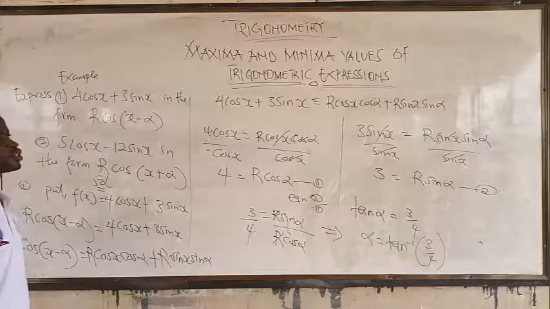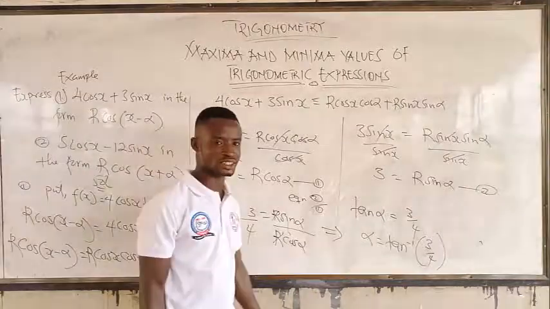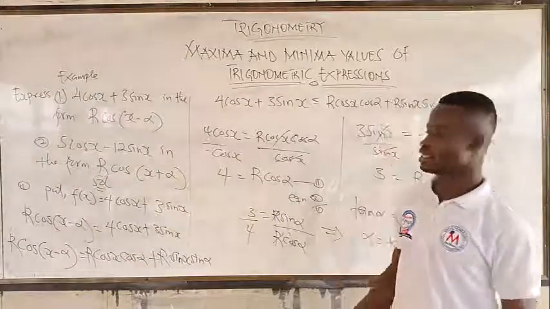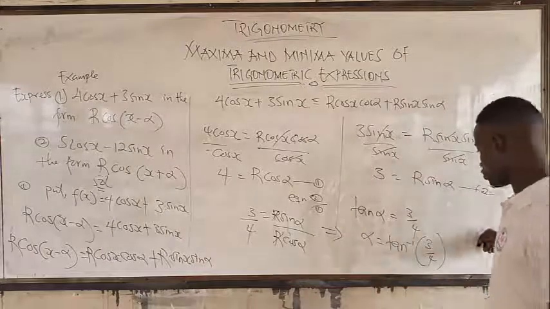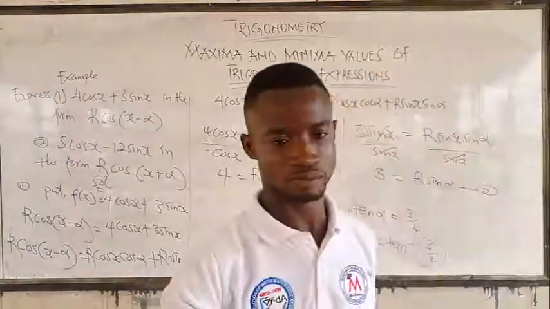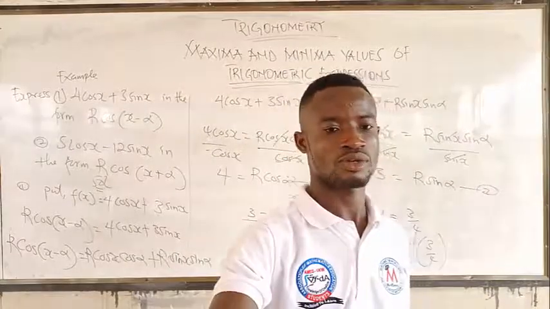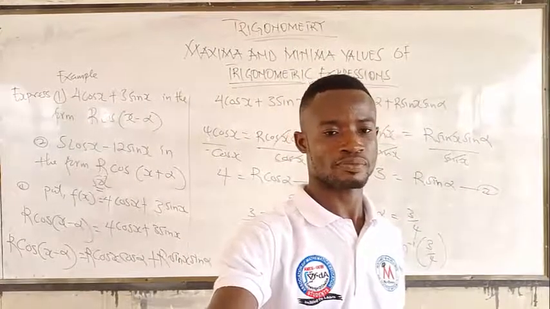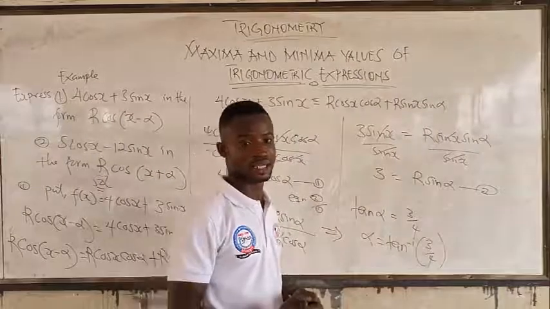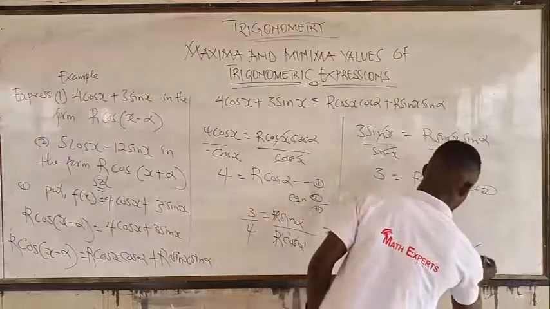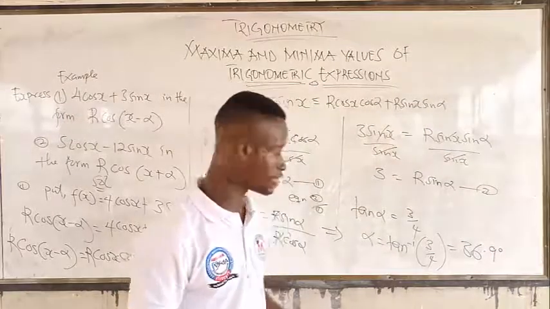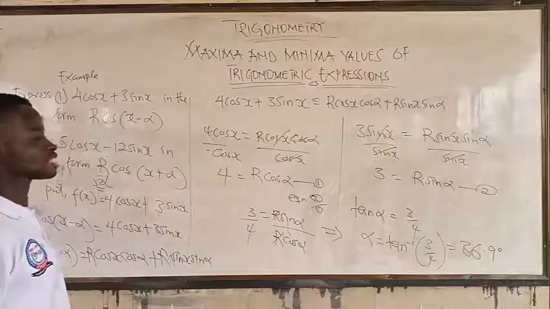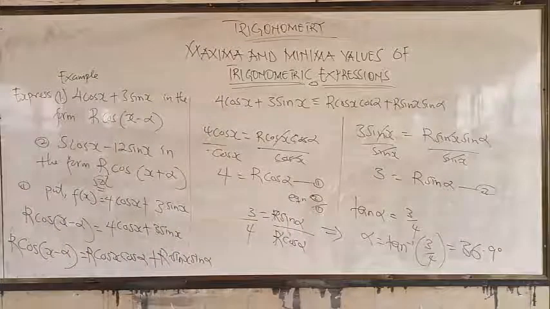But if it's given to you in a theory part and not objective, please go through all the steps and end up getting your results. Very good. So when you do that, you are going to get 36.9 degrees. Now that alpha is known, let's go for R.